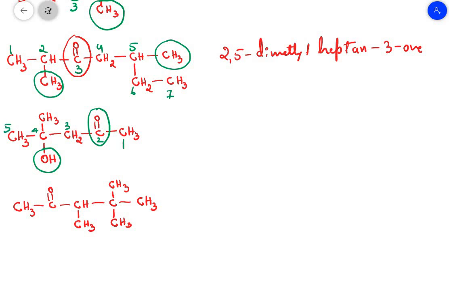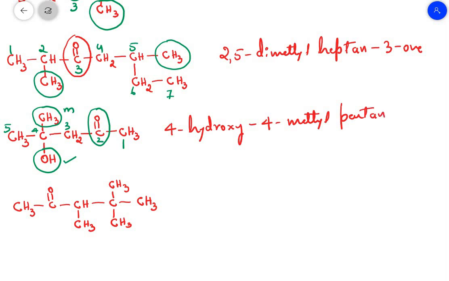In fact at fourth carbon atom we are having one more substituent, that is CH3, but alphabetically OH, that is hydroxy, H will come first, then followed by M, so therefore we write it as 4-hydroxy-4-methylpentan-2-one, because at second carbon atom we are having our functional group, so therefore it is called as pentan-2-one. Why pent? Because the total number of carbon atoms are 5.